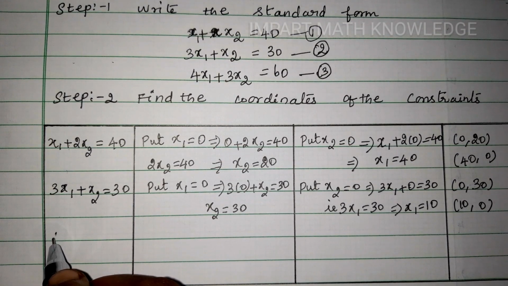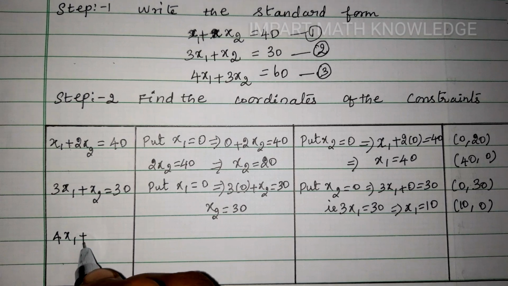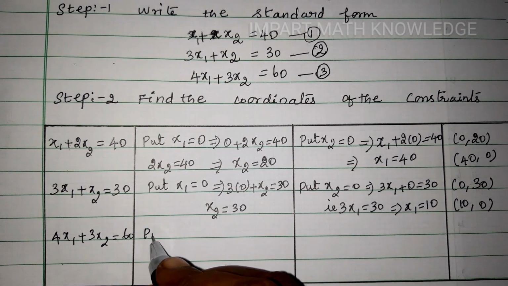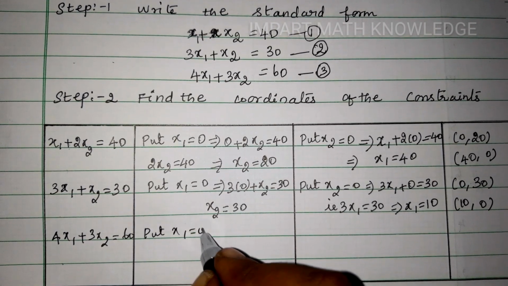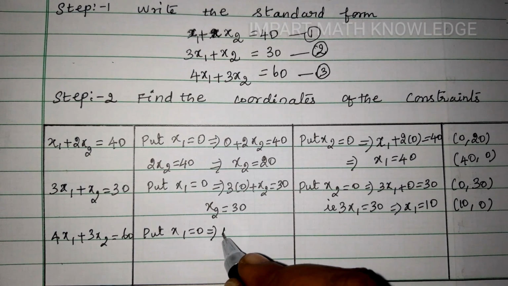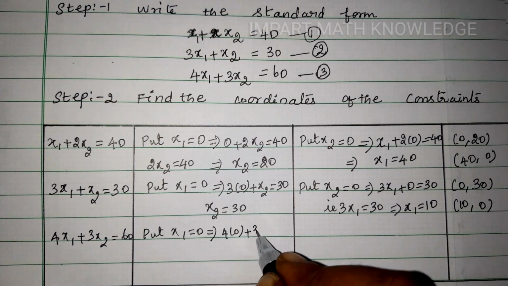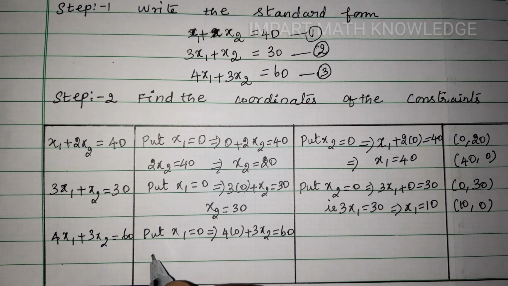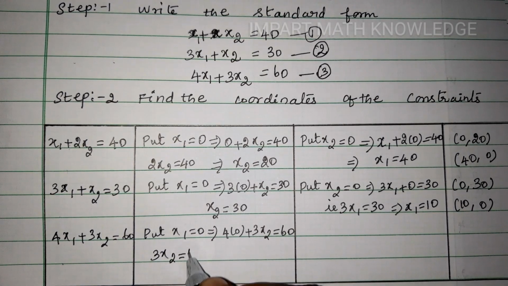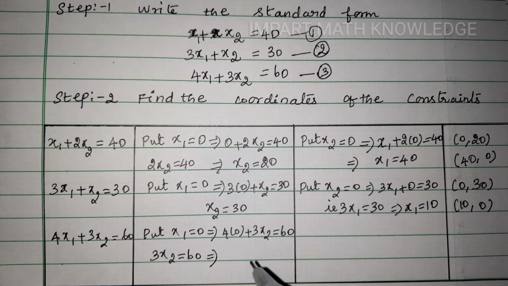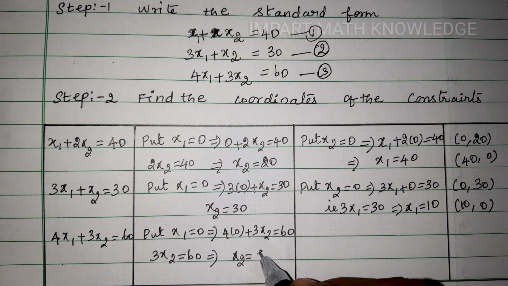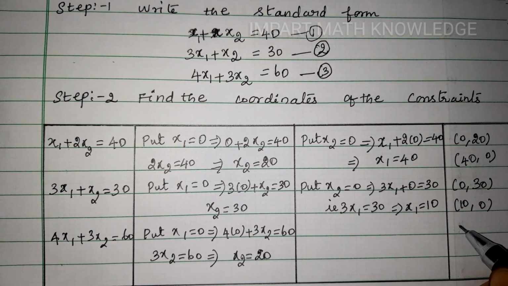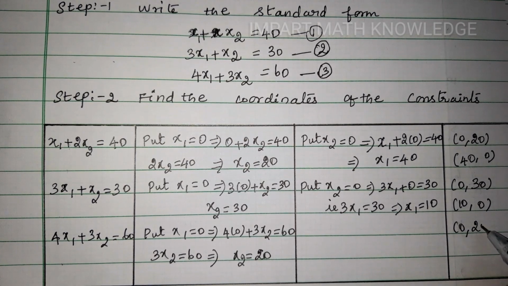Now for the third condition, 4x1 plus 3x2 is equal to 60. Put x1 is equal to 0. You will get 4 into 0 plus 3x2 is equal to 60. That is 3x2 is equal to 60. This implies that x2 is equal to 20. So the coordinate is 0, 20.